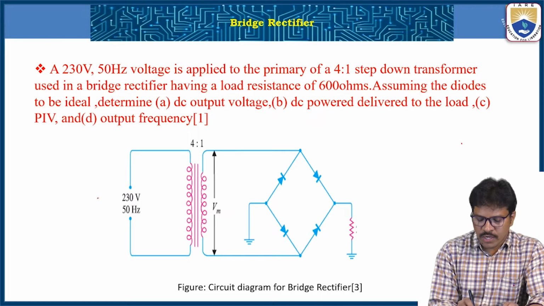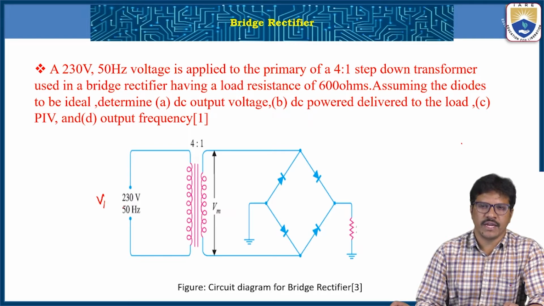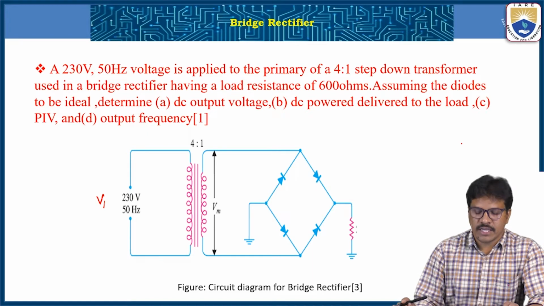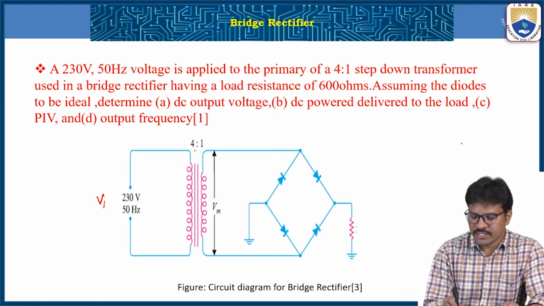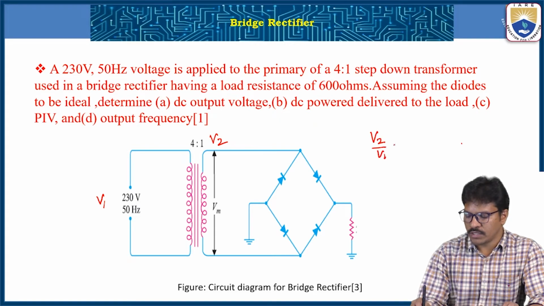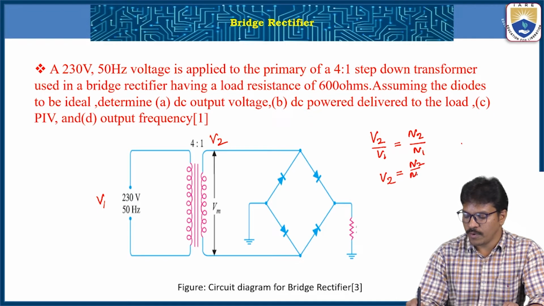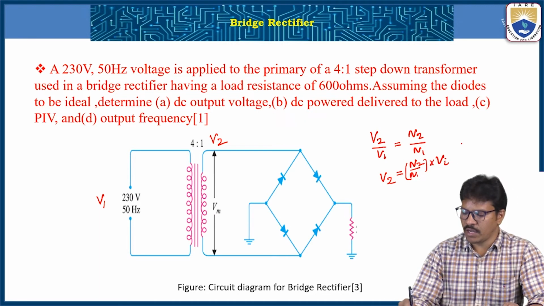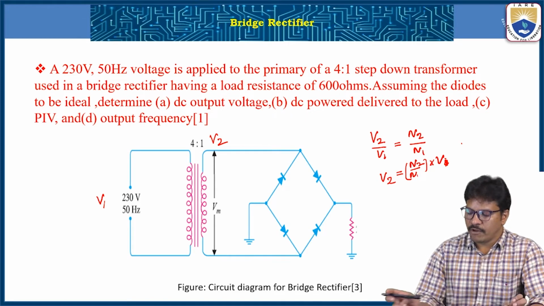Whatever the primary voltage V1 is given, like 230 volts, 50 hertz AC supply, with the primary and secondary turns ratio, you can directly find the secondary coil voltage with the relation V2 by V1 is equal to N2 by N1. So V2 is N2 by N1 into the supply voltage V1.